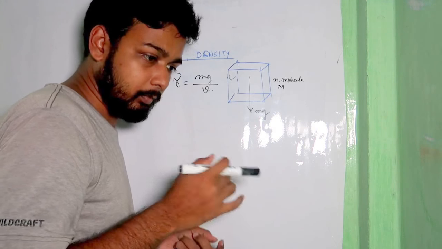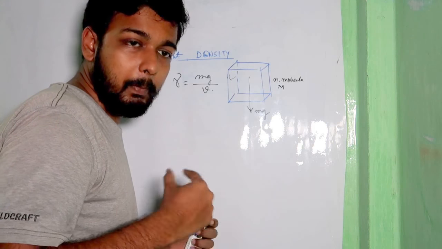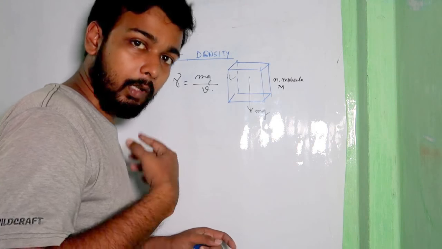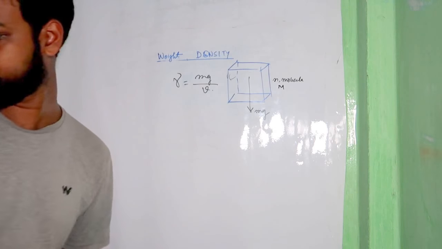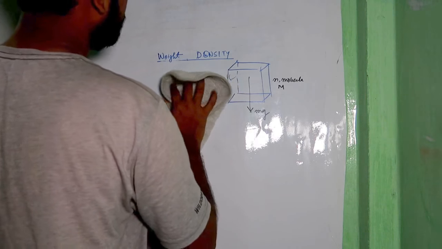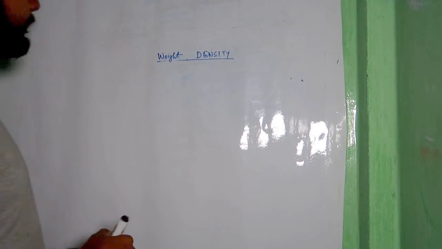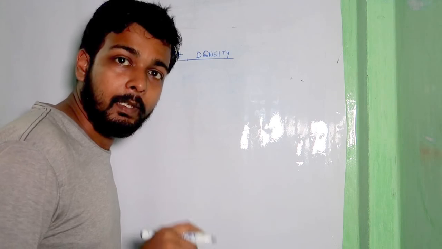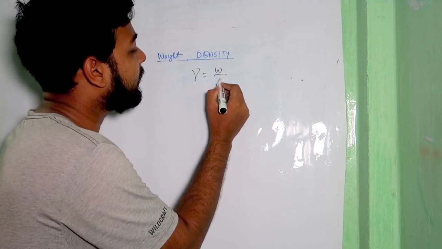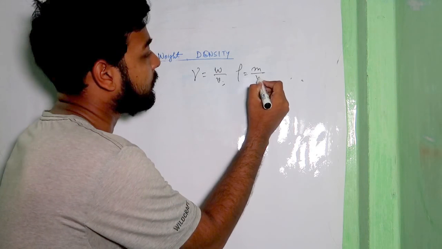From this we can make a relation between density and weight density. Basically, weight density equals weight per volume, and rho equals mass per volume.